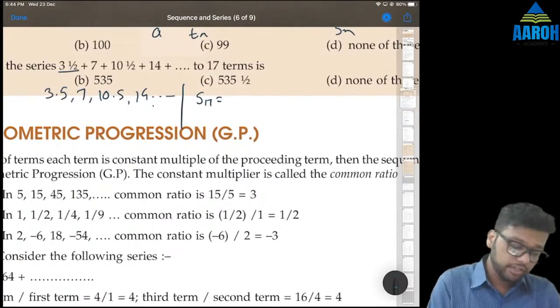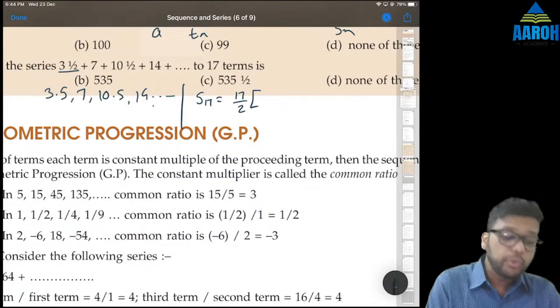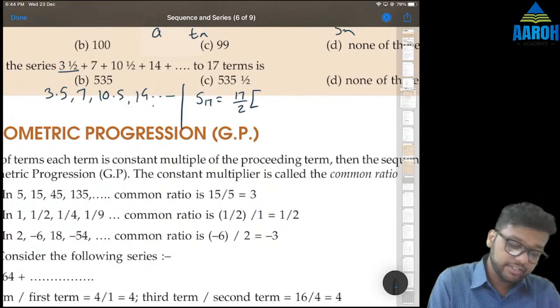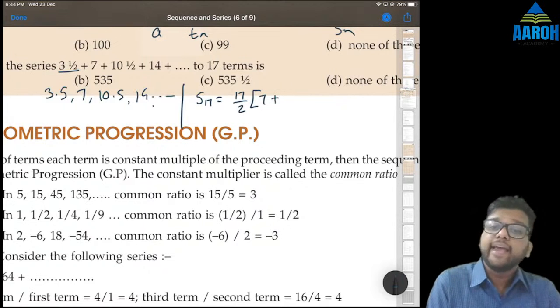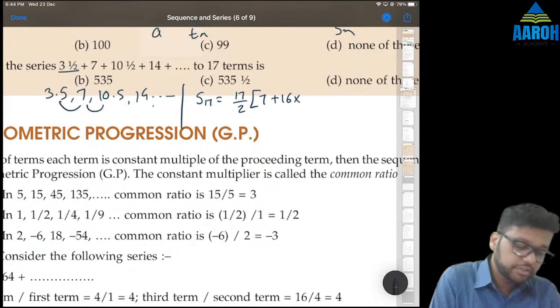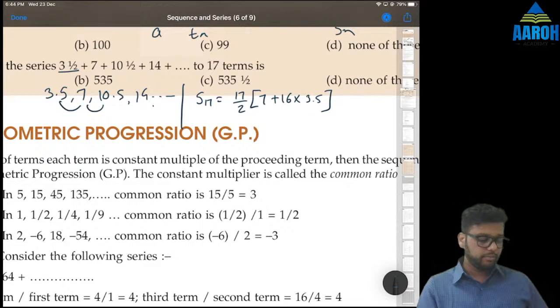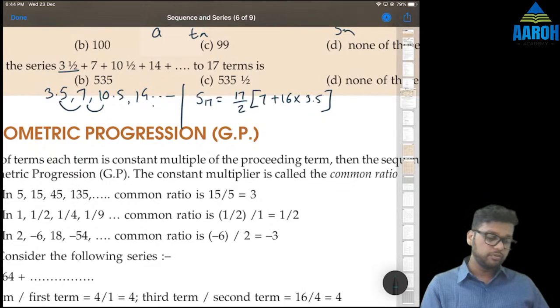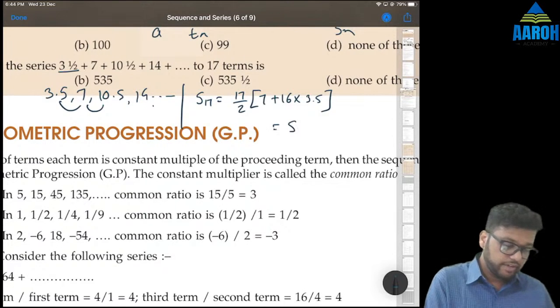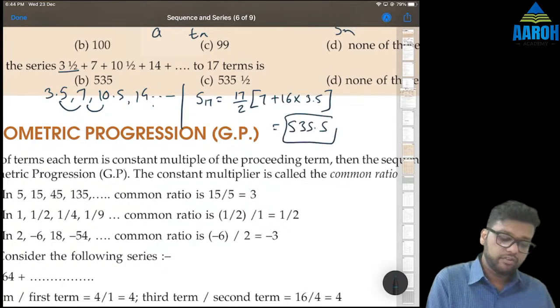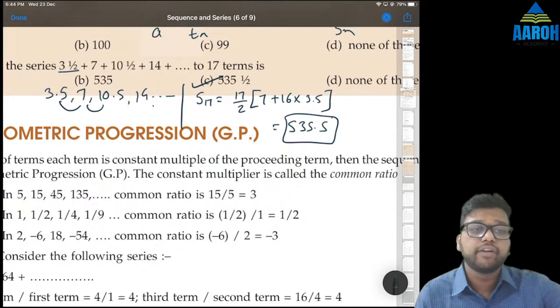So S17 is n by 2, 17 by 2 into 2A, 2 into 3.5 is 7, plus n minus 1, that is 16, into D. D is also 3.5. If you check, the common difference is also 3.5. So how much is this? 16 into 3.5 plus 7, into 17 divided by 2. That gives us 535.5, which is option C, 535 and a half.